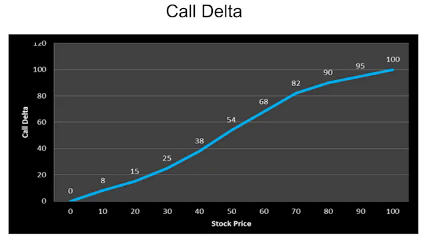Call option delta, let's talk about that specifically for a second. Then we'll get into put option delta. Call option deltas are positive numbers between 0 and 100. If a call option has a delta of, let's say, 45, and the underlying stock moves up $1, then the theoretical price of the option will move 45 cents.